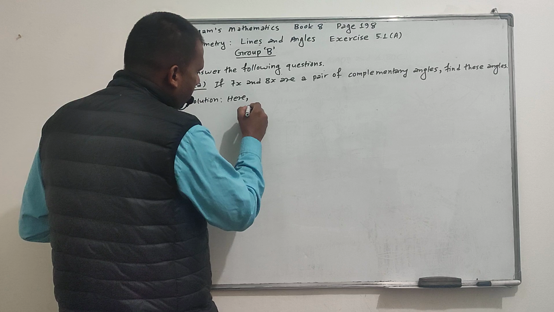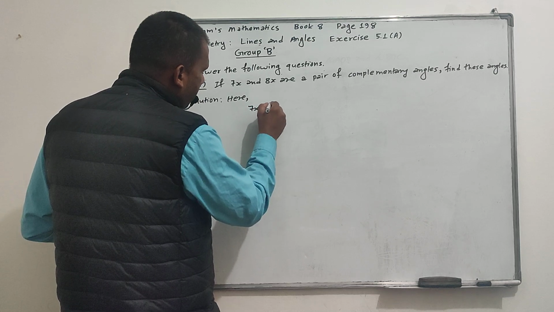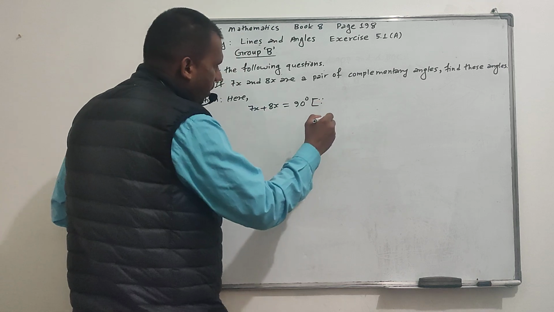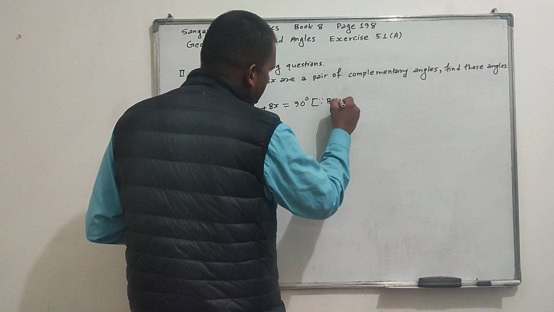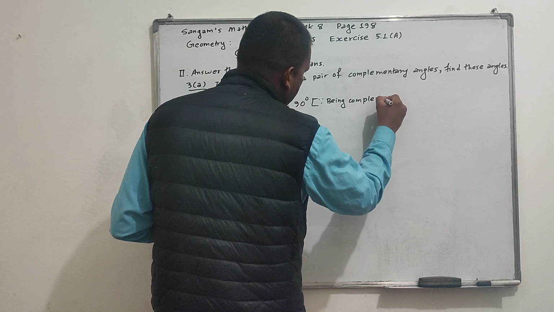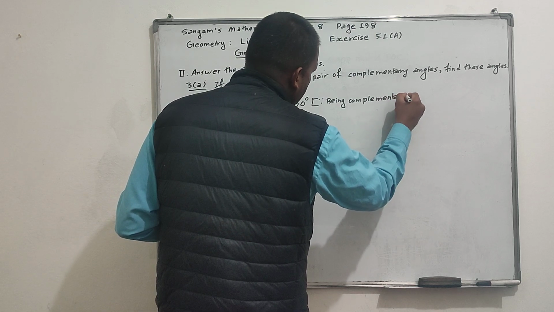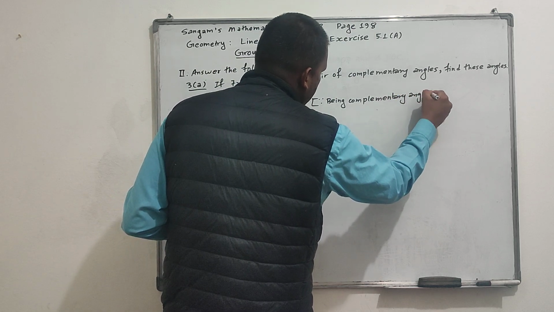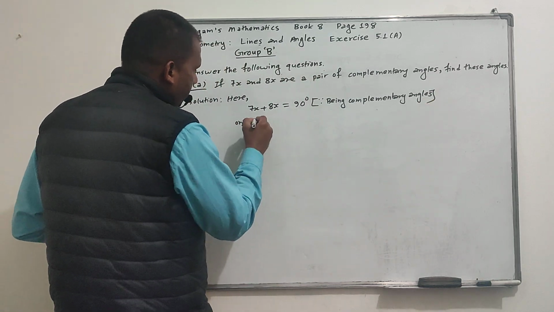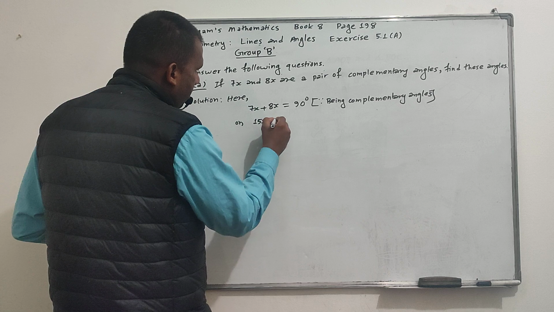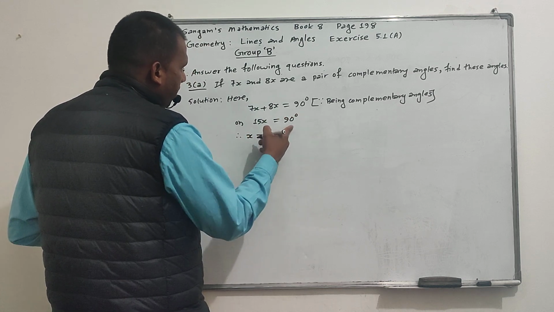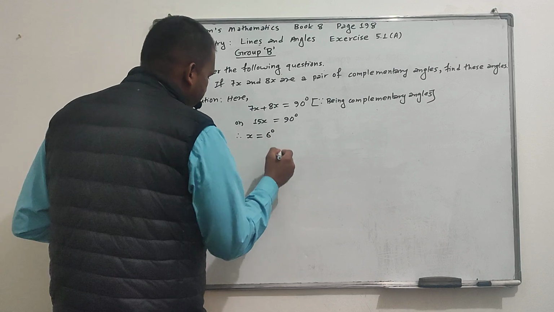So you can write 7x plus 8x equal to 90 degrees, because being complementary angles, or 7x plus 8x makes 15x equal to 90 degrees, therefore x equal to 90 divided by 15, that is 6 degrees.